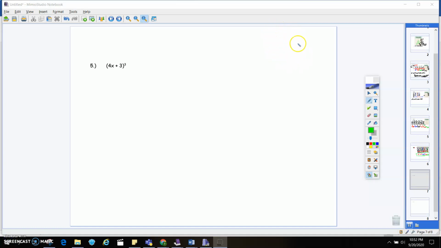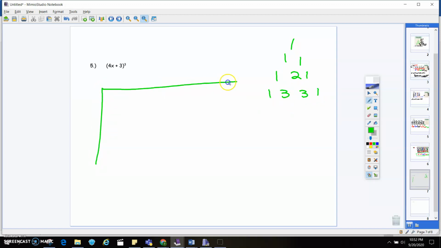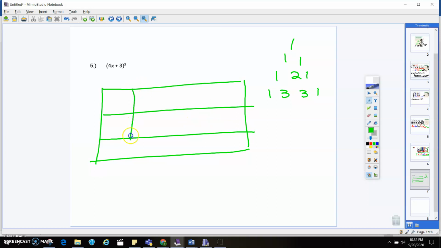Alrighty, so on this one, the row that you're going to use is the 3rd row, or the one that includes the 3's. So when I draw my lovely boxes of doom, I'm going to have 3 rows, and I'm going to have 4 columns. 1, 3, 3, 1. So remember, Pascal's coefficients go up in the top.